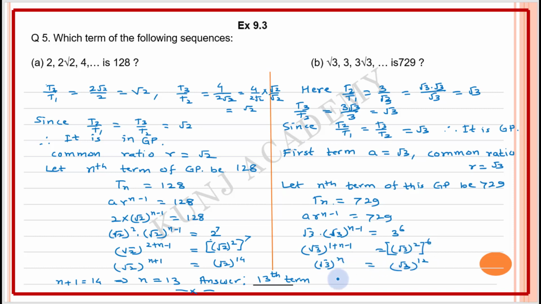Comparing exponents, n is equal to 12. Answer: 12th term is 729.